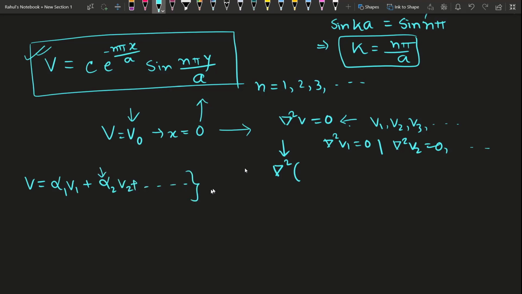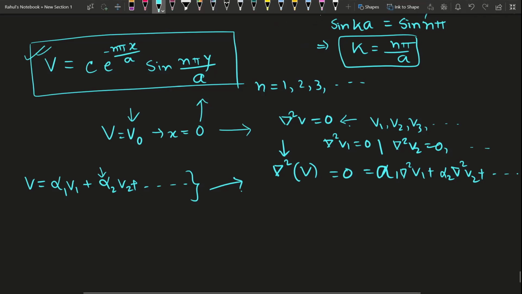So the linear combination of all the solutions will also satisfy Laplace's equation. That means del square v now becomes alpha 1 del square v1 plus alpha 2 del square v2 plus dot dot dot. So what is the benefit of it?